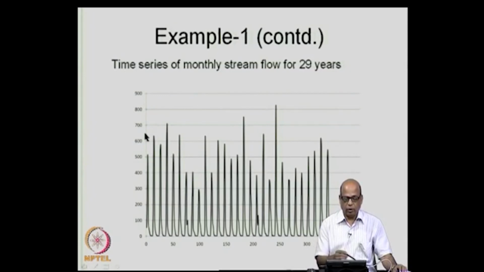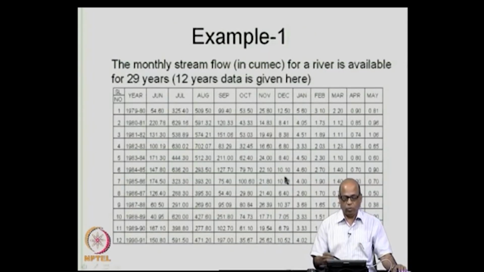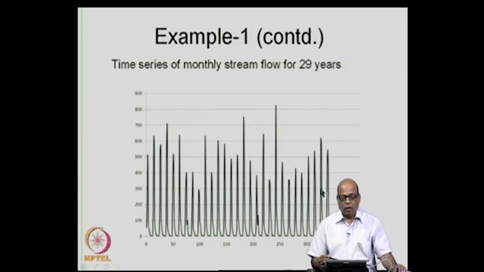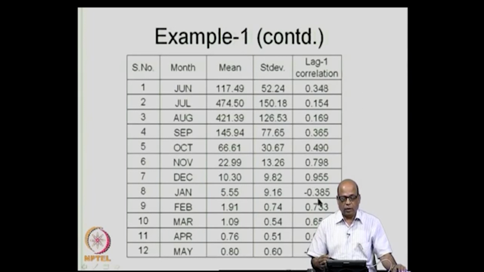So, this is the time series of the flows for 29 years. The same data is shown in a figure here, and from this data we now compute the mean, standard deviation and the lag 1 correlation. Now, these values here provide the mean, standard deviation and lag 1 correlation.